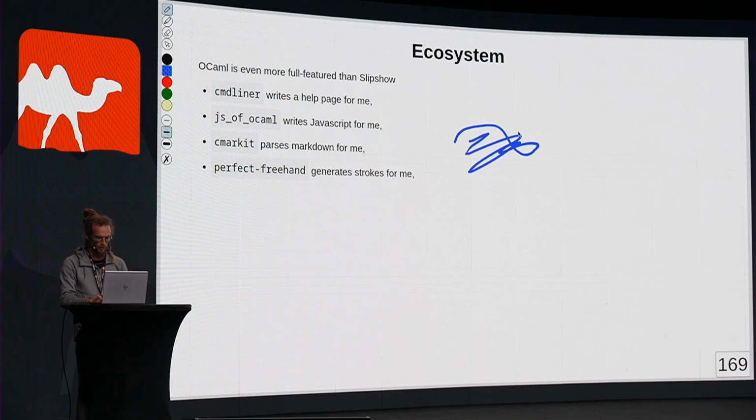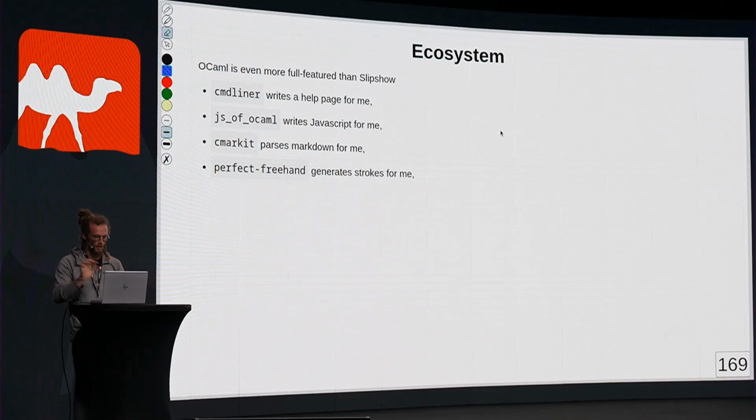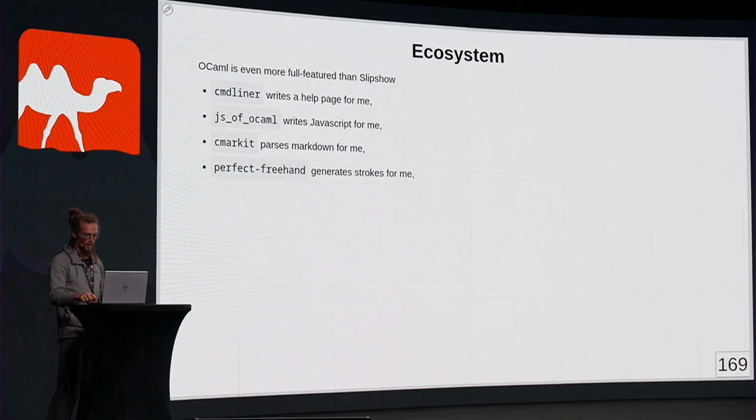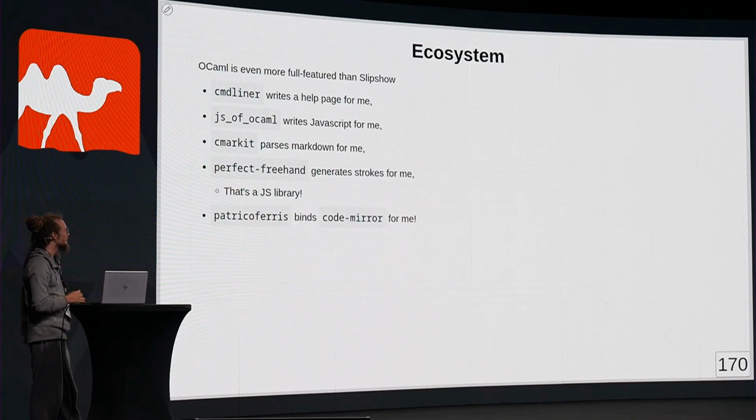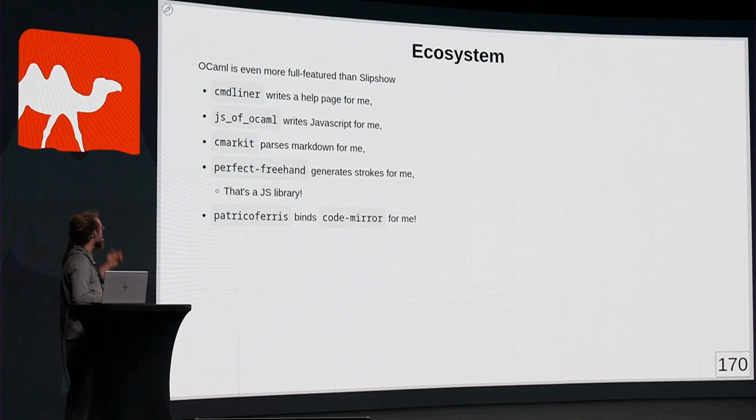So when I annotate, you cannot see it very well here, but it is somehow pressure sensitive based on how fast you go, and this generates the stroke. Perfect-freehand is a library that tldraw made, if you know that. So that's a JavaScript library.